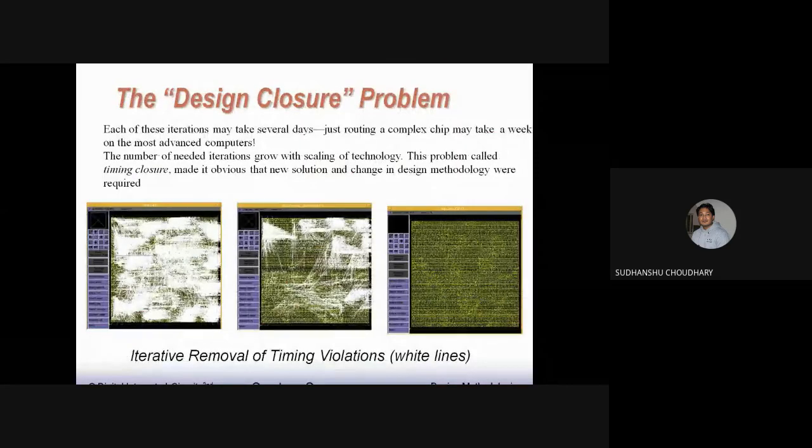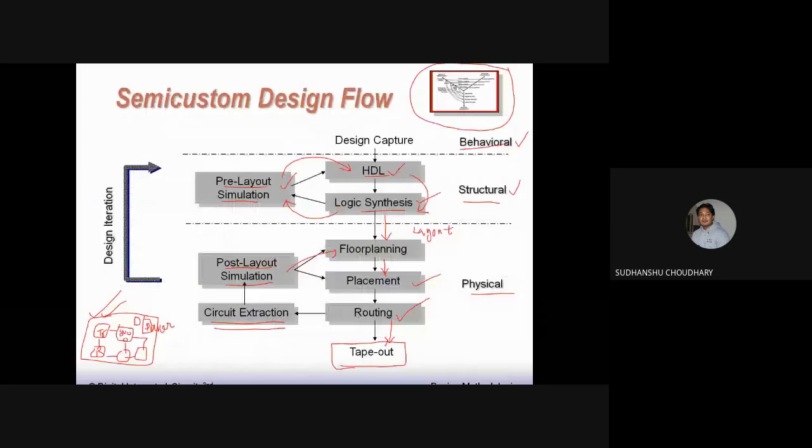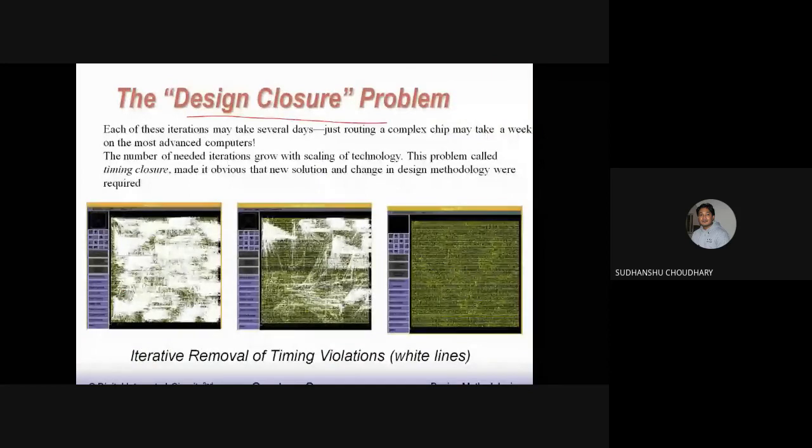Now let us talk about the design closure problem. Since we understood that the entire IC design process iterates in this loop, it can take days or even weeks to finish these iterations. Now, if somebody tries to remove the timing violations, obviously one has to go by iterations.